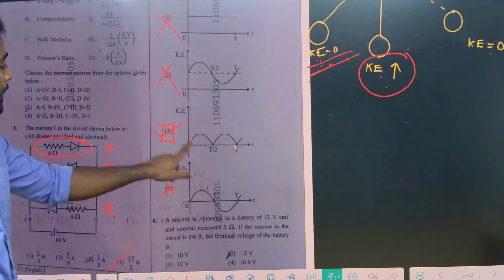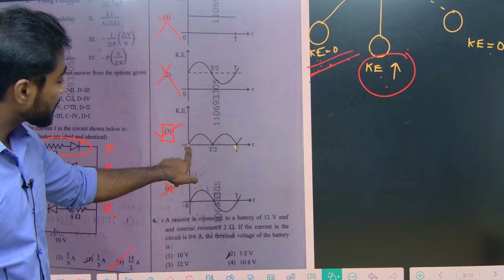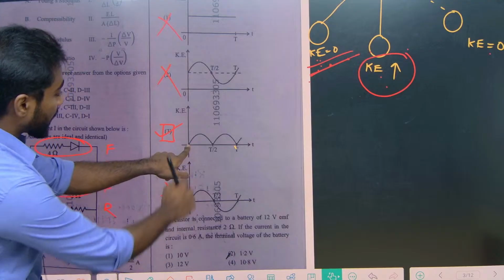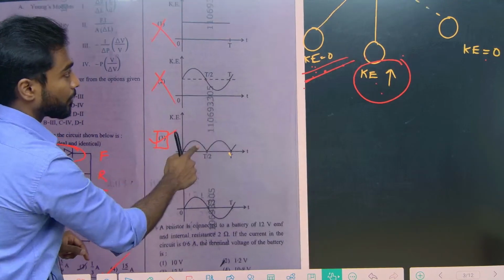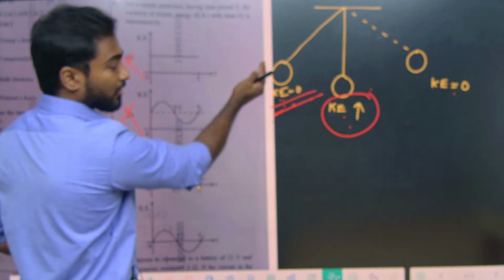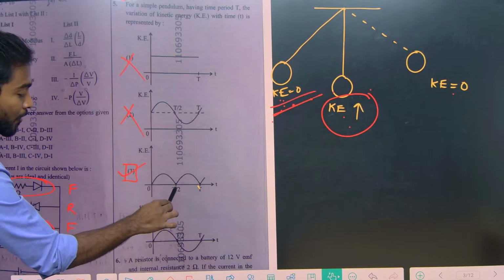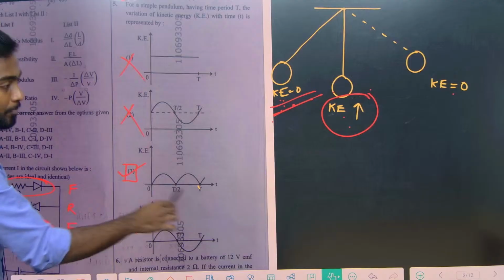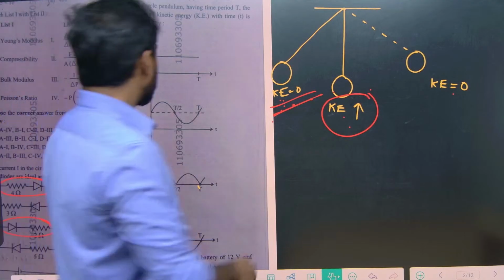If I talk about the third one, 0 is the extreme position, to the mean position which is maximum, again to the extreme position 0, maximum, again 0. It keeps on changing like this. So option 3 will be my answer, right?